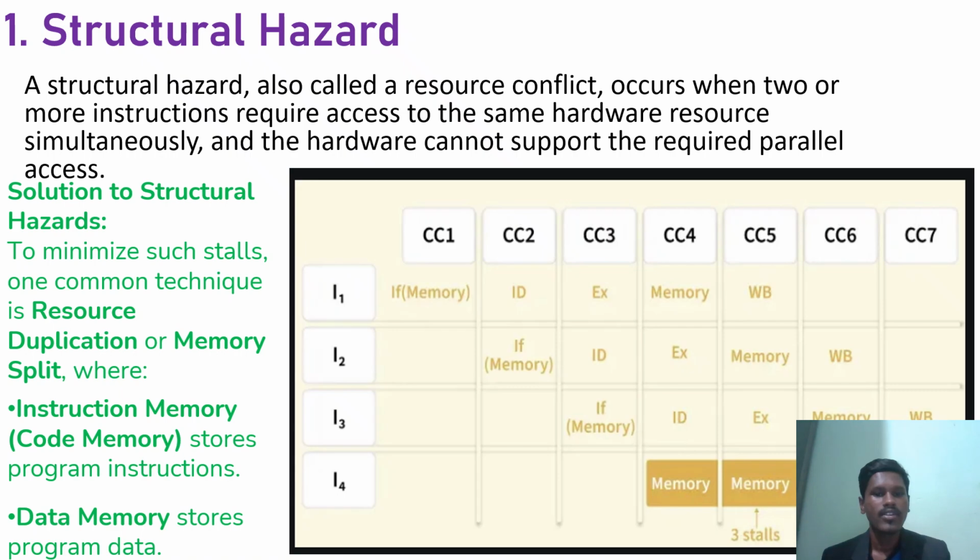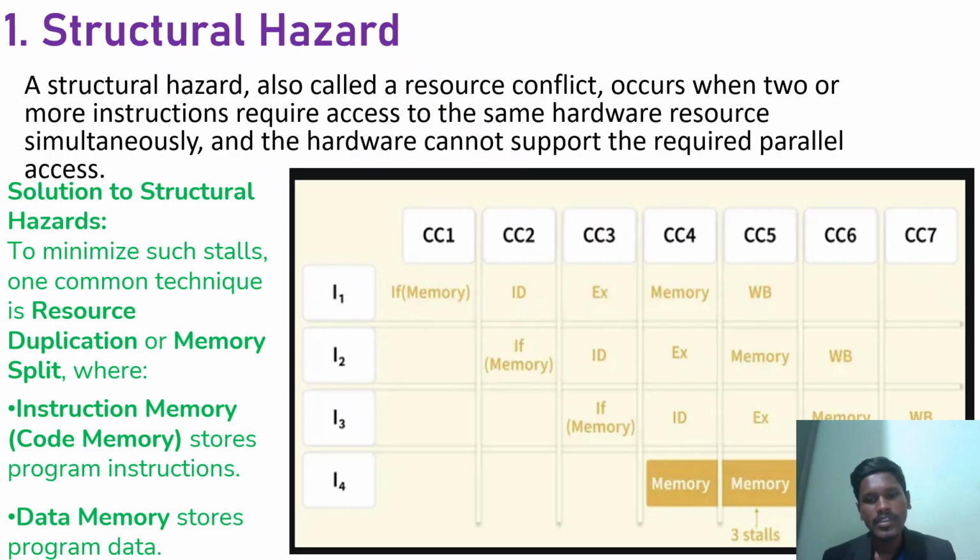A structural hazard is also called a resource conflict, which occurs when two or more instructions require access to the same hardware resource simultaneously, and the hardware cannot support the required parallel access.